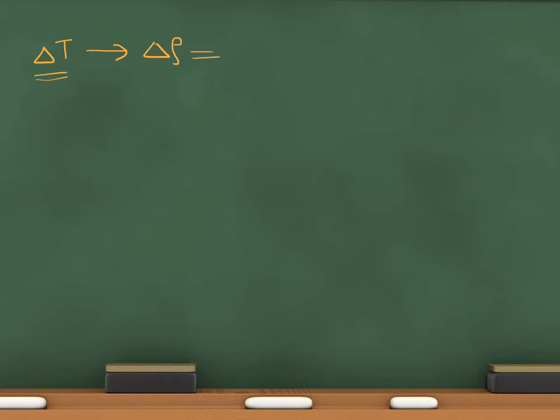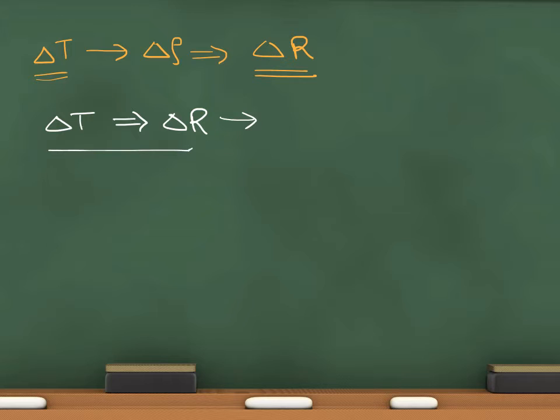So due to this, there will be a change in resistance. Due to the change in temperature, there will be change in resistance. So how much change will be there per unit temperature change or per unit resistance?